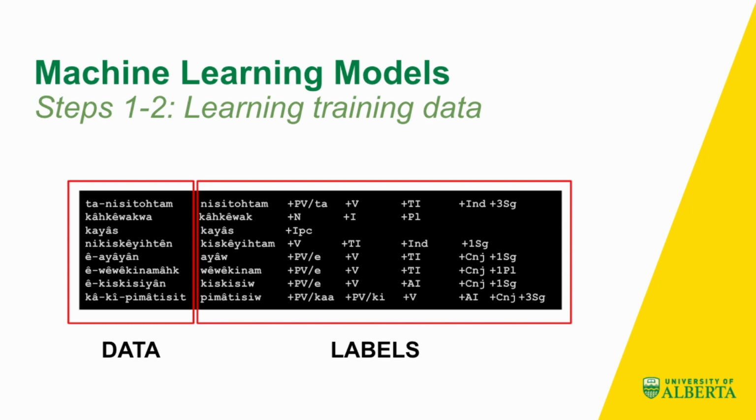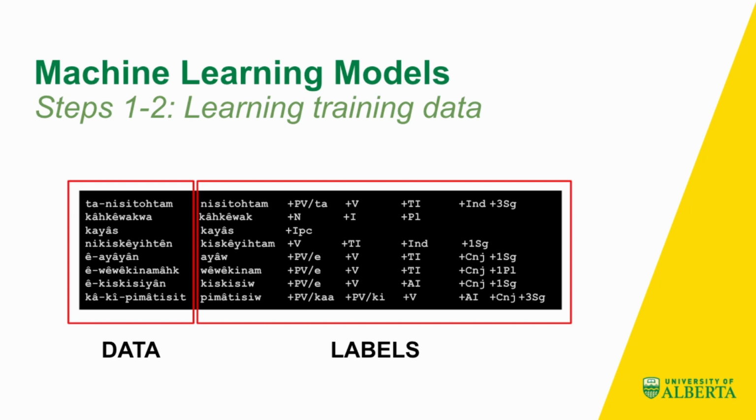Then we have a tag, so whether or not it has a preverb, or its part of speech. We have a third column of that if we need, and so on and so forth. So these are labels. We don't really need to know what they mean for right now. You just need to realize that we are associating these features with the data.